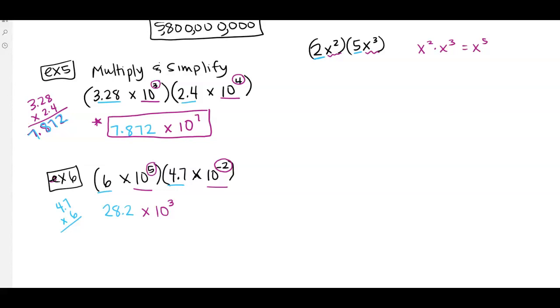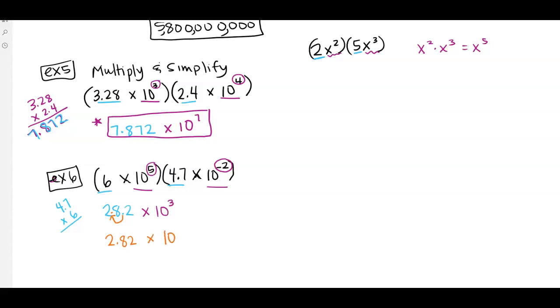It looks like it's scientific notation, because we have times 10 to the something power. But I've got to move that decimal point so that it's between the 2 and 8, because I need 2.82. If I have 2.82, that's going to change what my power is here.